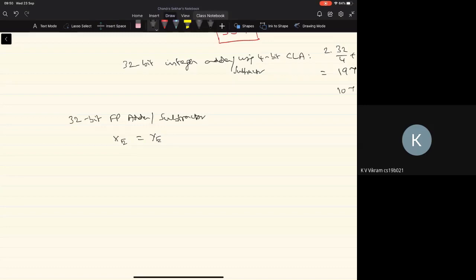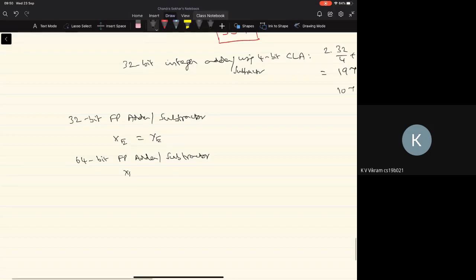Then one more exercise I'm going to give you, and I will not do this in the class. What changes you have to make in the design of the adder subtractor circuit for the double precision floating point operands, that is the 64-bit operands.